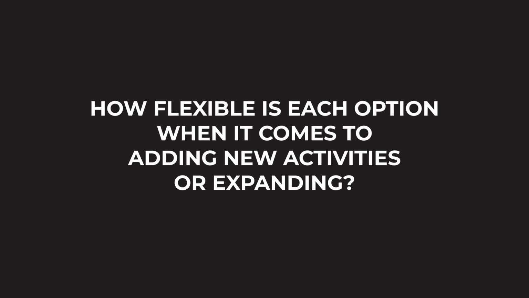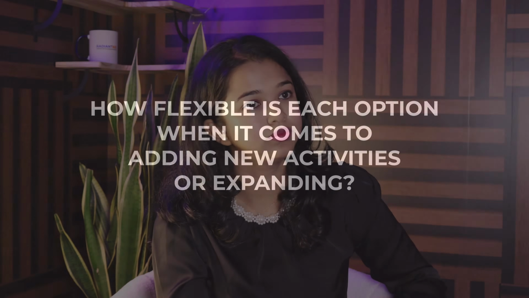Okay. So how flexible is each option when it comes to adding new activities or expanding? Okay, so the flexibility for all three is that there are no restrictions. When you come to mainland, when we are selecting a business activity, it has to be related activities. Say, if you're doing trading, it has to be everything related to trading.